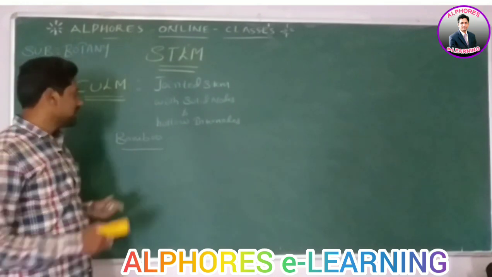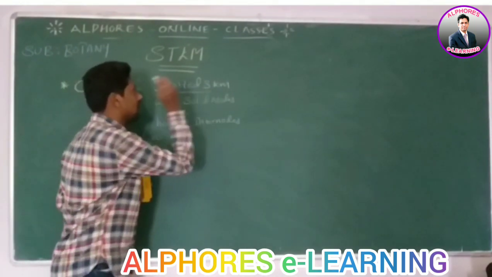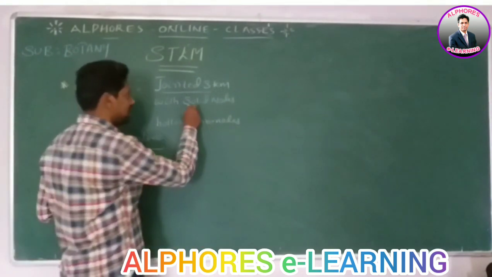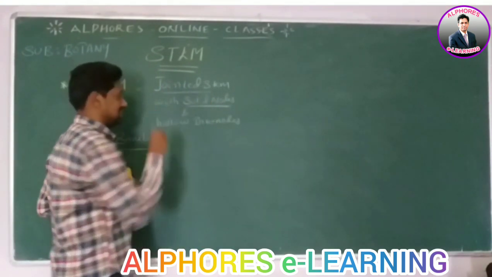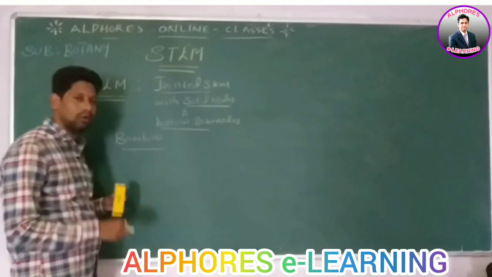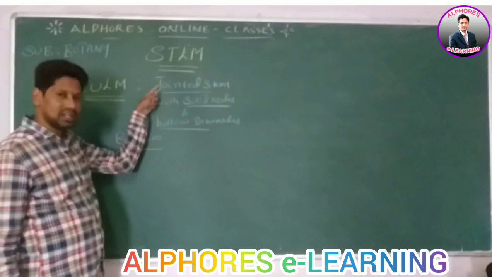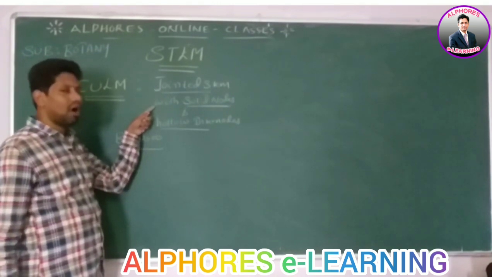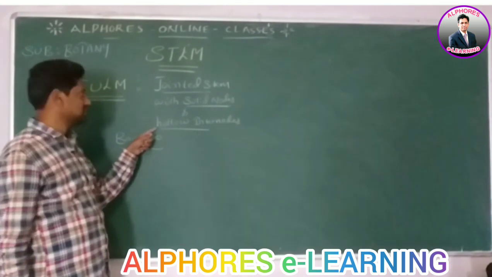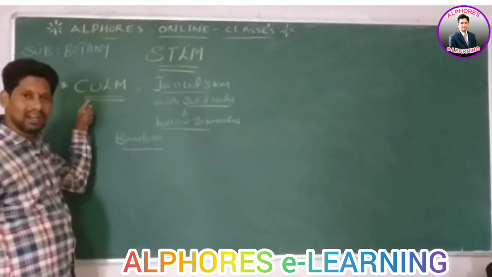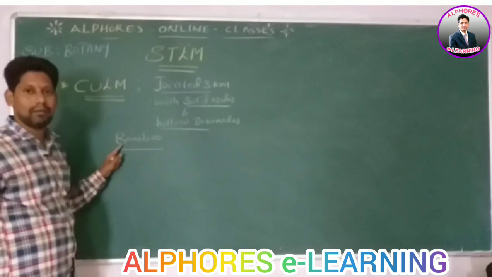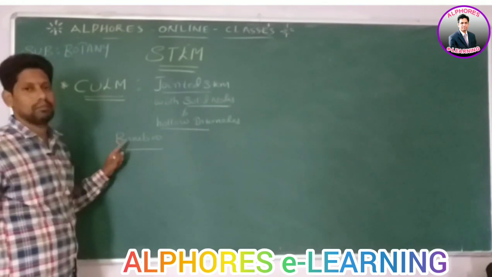Therefore, in bamboo the stem is a jointed stem, the nodes are solid and the internodes are hollow. Such a stem is called a culm. The example is bamboo.